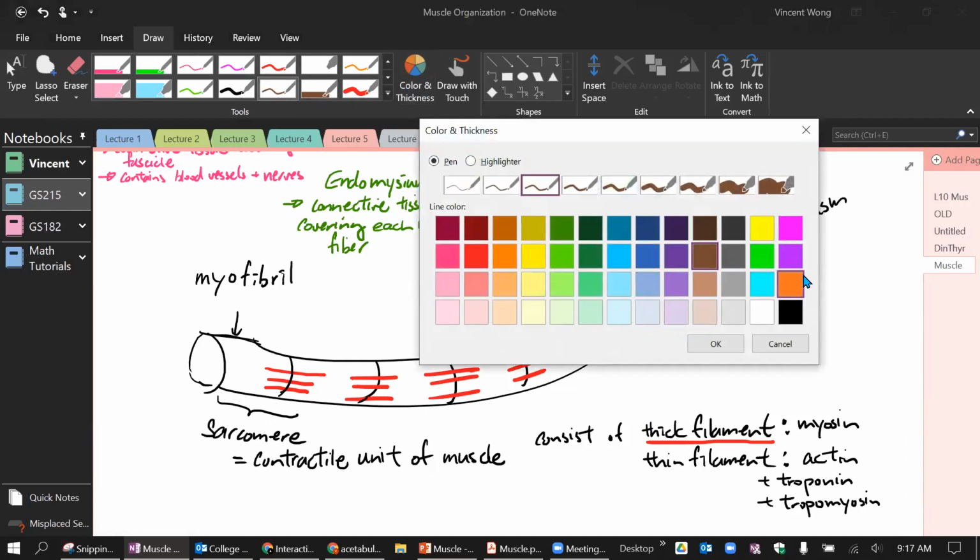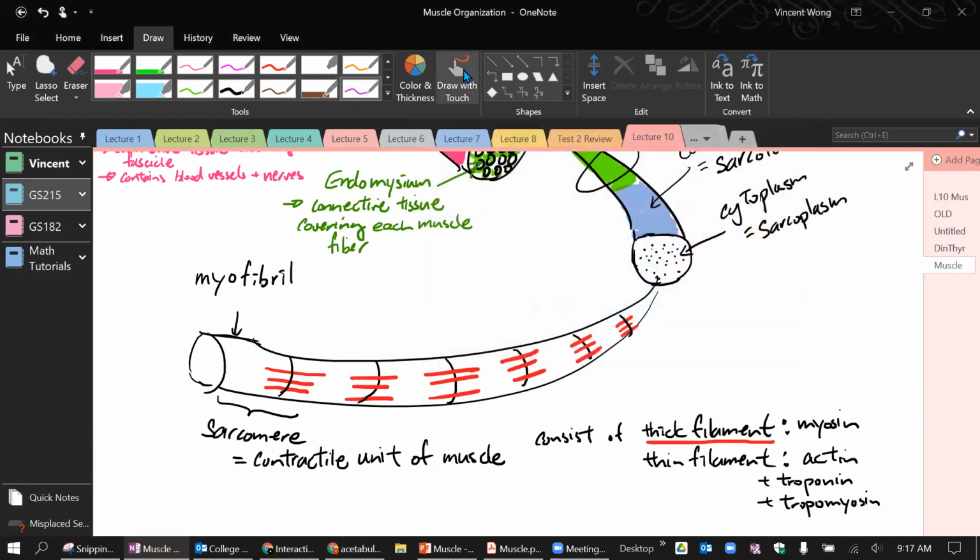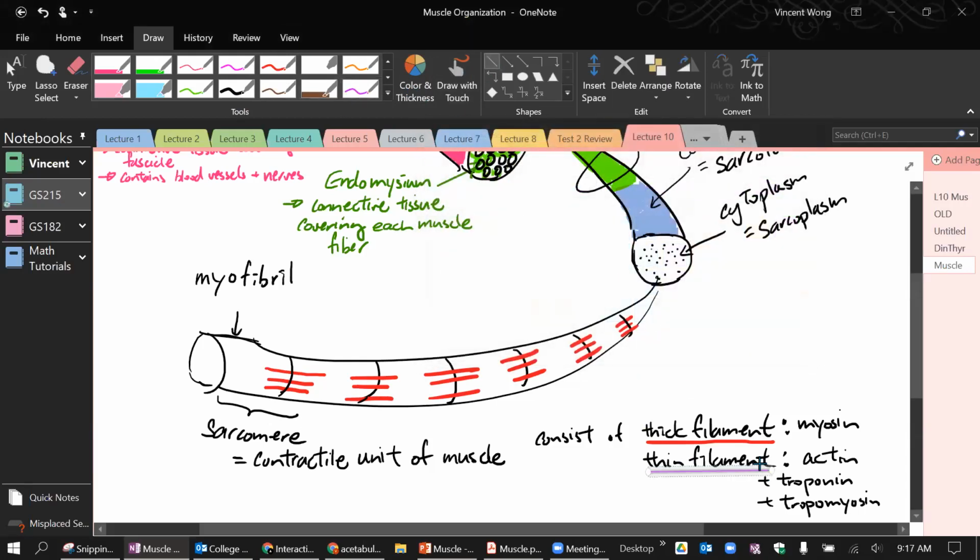What other color have I not used? Let's use like hot purple. Okay, so the thin filament, it's going to be like this. It's going to be in between them. Okay, and I'll show you a picture later on that hopefully will make it look better. Okay. Seriously, any questions?